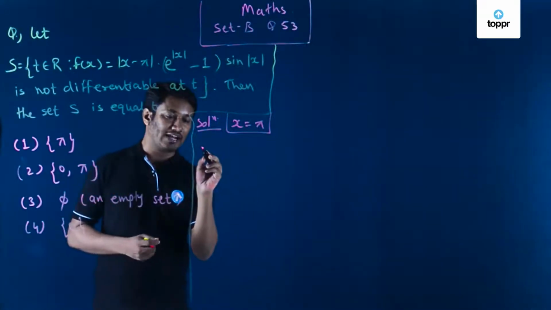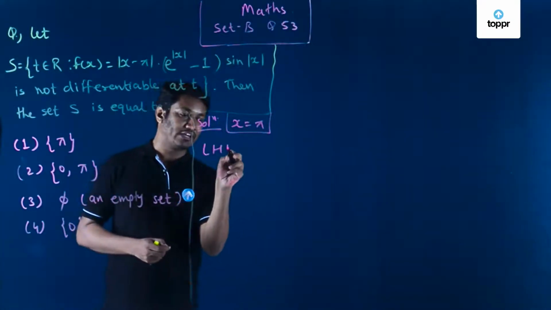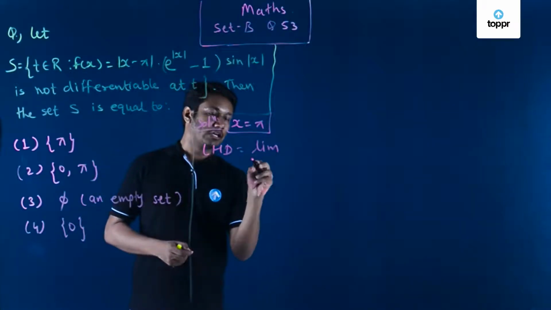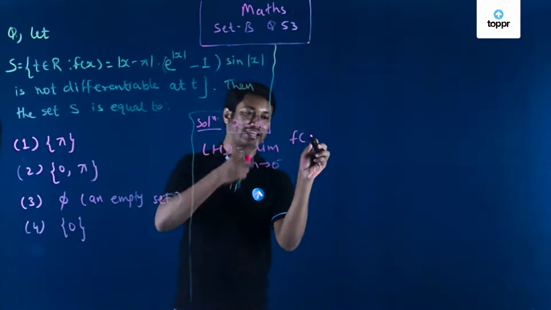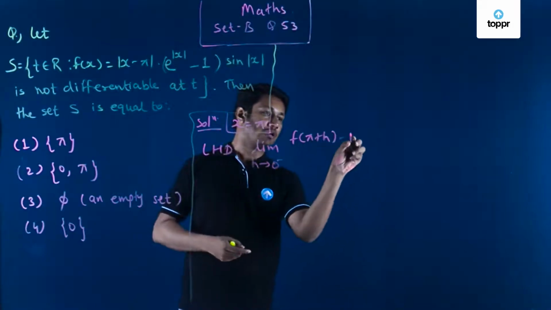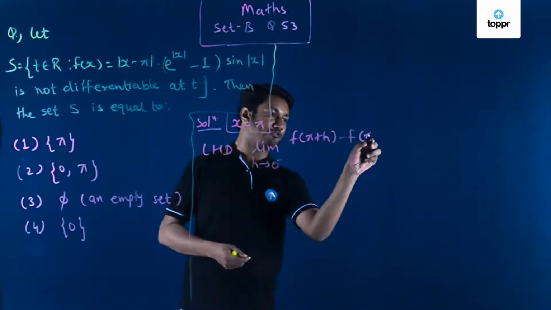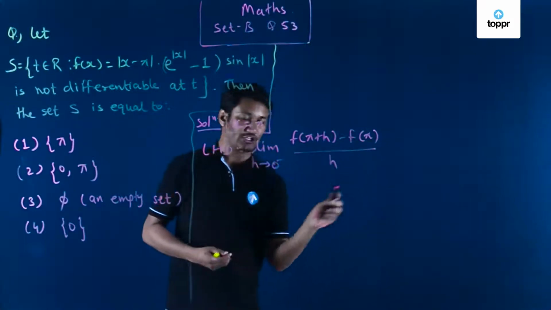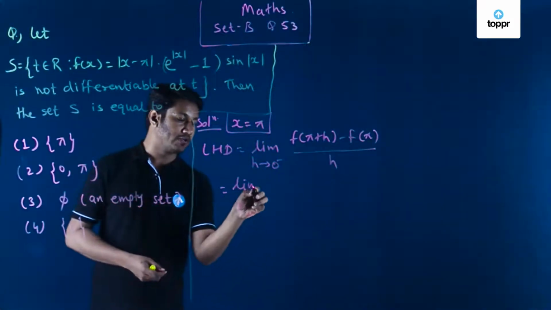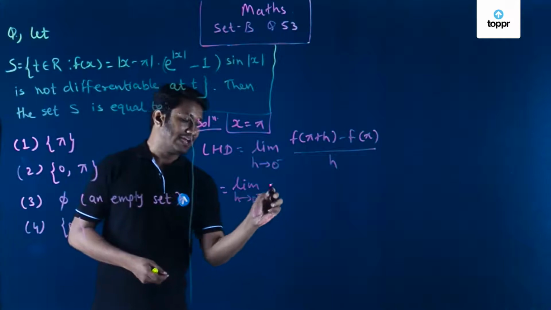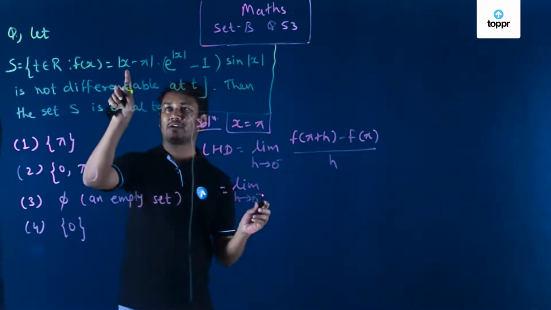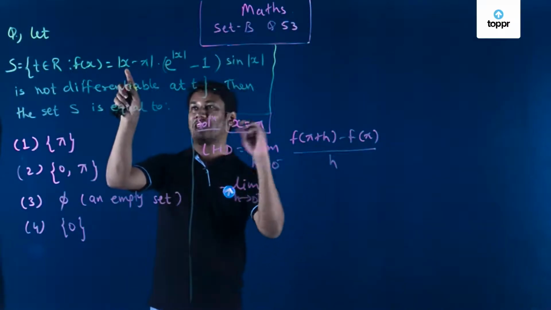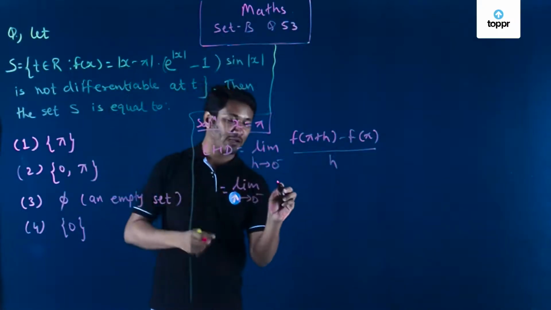So for that, I will consider left hand derivative first, which is limit h tends to 0 minus of f of x plus h, but x is pi, so f of pi plus h minus f of x, which is f of pi, upon h. Now this will be equal to limit h tends to 0 minus, where f of pi plus h will be, x replaced with pi plus h minus pi. So pi will cancel out.